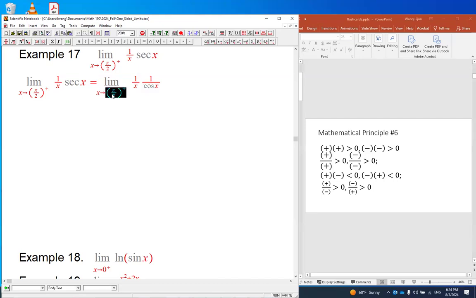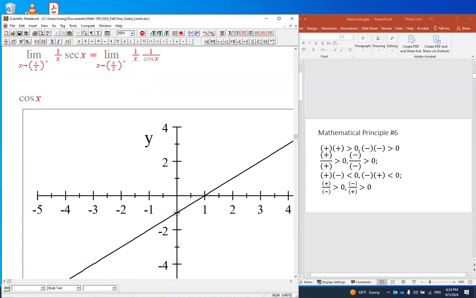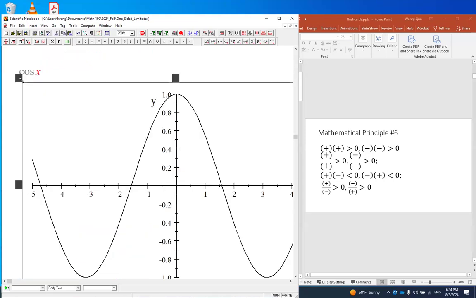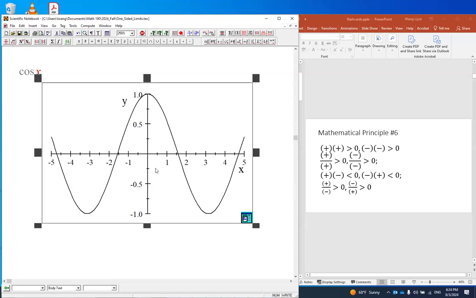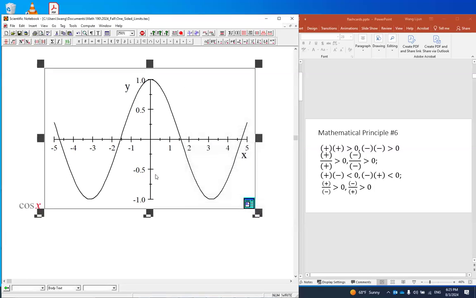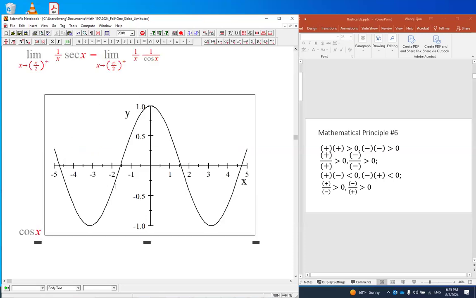Well, x is approaching pi over 2 from larger than pi over 2. Well, we are familiar with the cosine curve. You can look at it this way. Okay, cosine x. Oh, wait, how did I get this picture? I don't know how that picture came to our view. That was a mystery, but never mind that. So we're going to look at the neighborhood of a cosine. Okay, pi over 2 is right here, right?